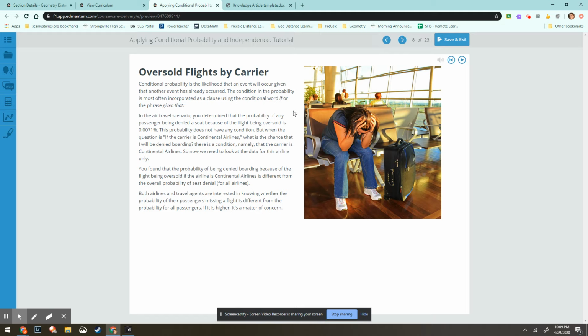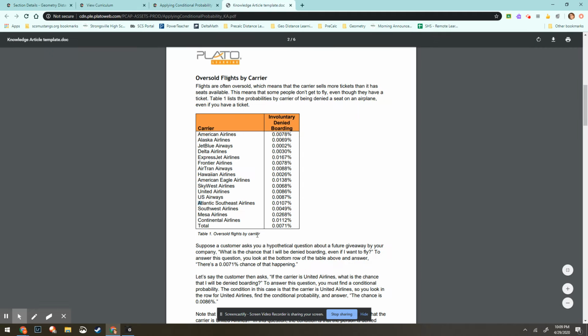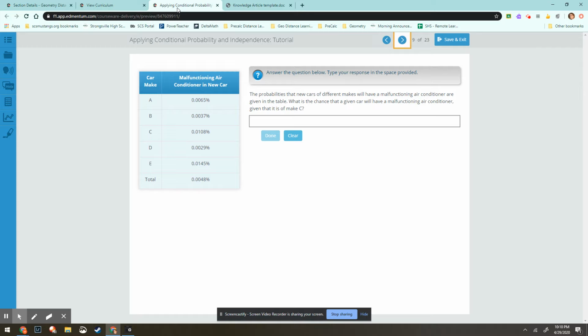So if we use the word "if" or "given that," that means it is a conditional probability, and that's when we need to restrict the sample space that we're looking at. So then now let's look at this. You'll notice, and it's even true in this table down here for the oversold flights, there's the total category, but I didn't use that for any of these other ones because those were all conditional probabilities with restricted sample spaces.